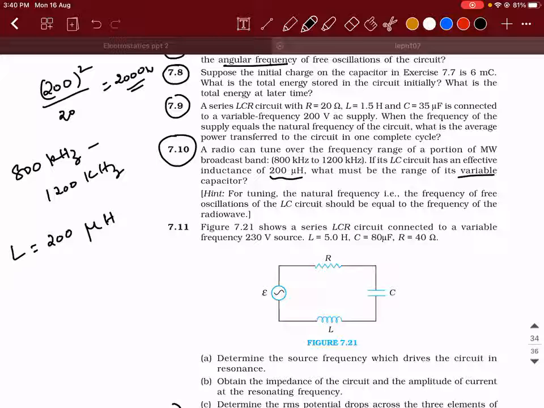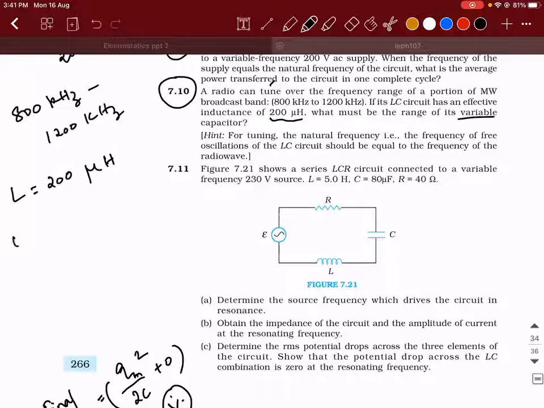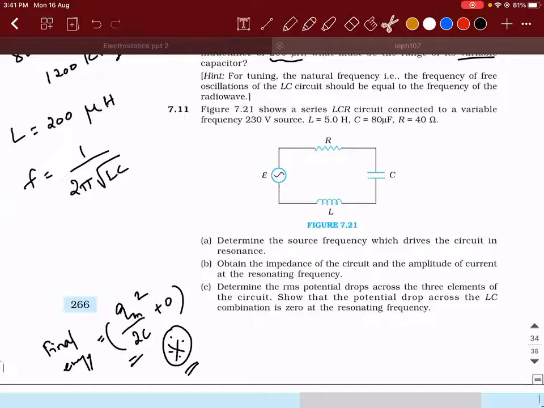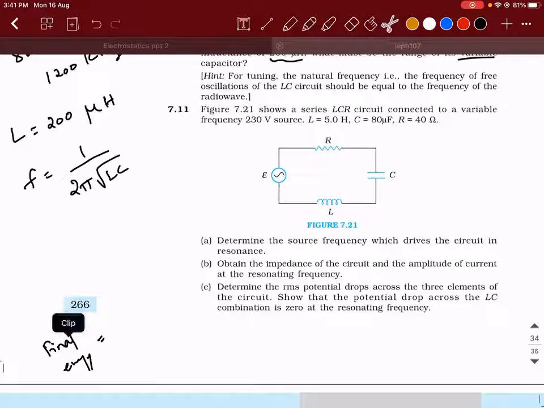This tuner circuit is also something similar to an oscillator, right? So what is the frequency within which it is ranging? Can I write frequency is equal to 1 by 2 pi into root of L into C? What are the parameters that are varying, guys?